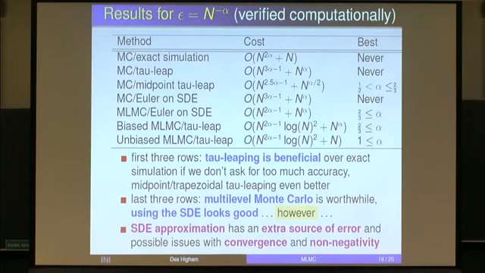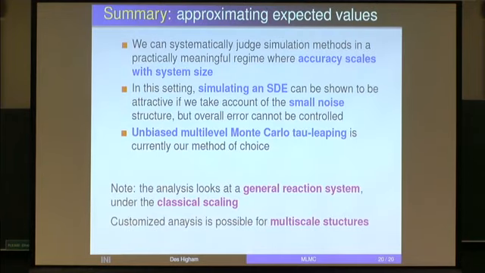The confidence interval applies to your numerical approximation, not the exact expected value, whereas this multi-level version can be made to be unbiased. So it's the appropriate confidence interval that you're getting. So in summary, our method of choice is the unbiased multi-level Monte Carlo version of tau leaping in this setting.